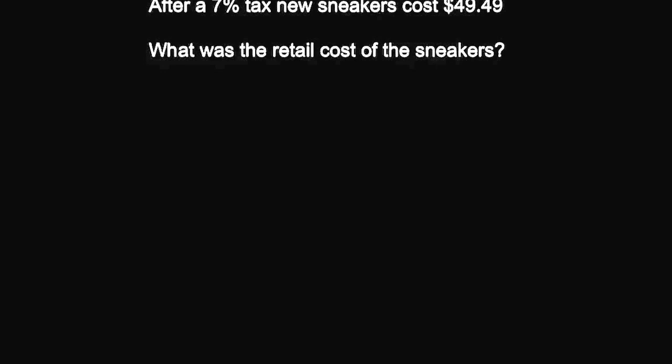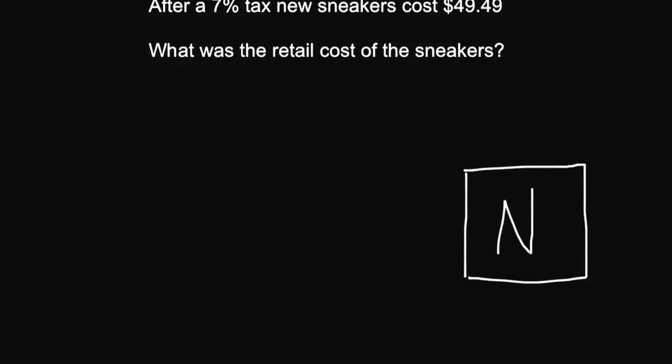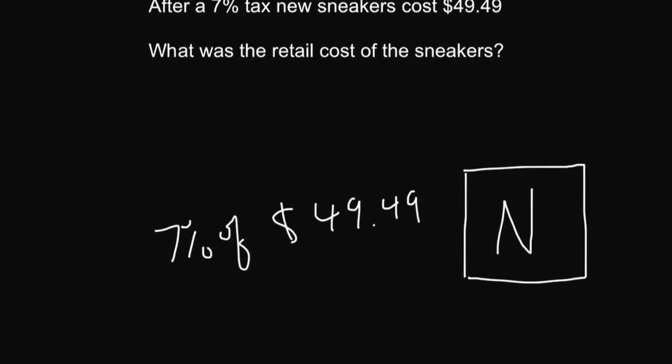And you go up to the cash register, you buy the sneakers, and of course they add on the 7% tax. Now, the trick I will tell you right away, the biggest problem is that most folks say, well, I'll just take the cost of these nice Nikes, say that they were $49.49, take 7% of that, figure out what that is and subtract it away.